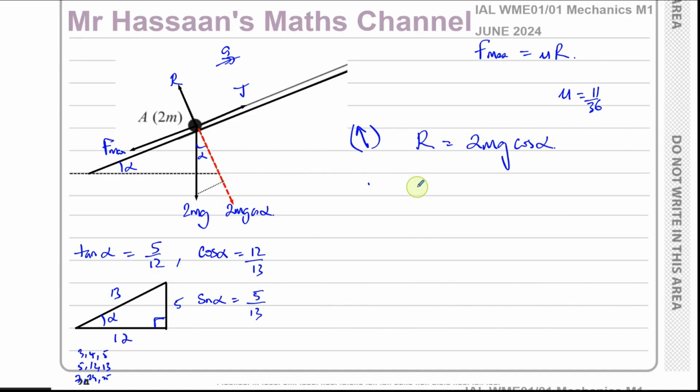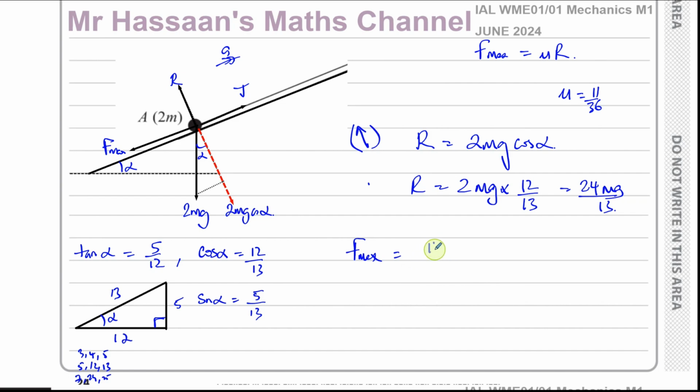So anyway, we know the values now of what we need. We have 2 times mg times the cosine of alpha, which is 12 over 13. That gives me 24 mg over 13. So we want to find the frictional force acting, which I'm going to call F max.